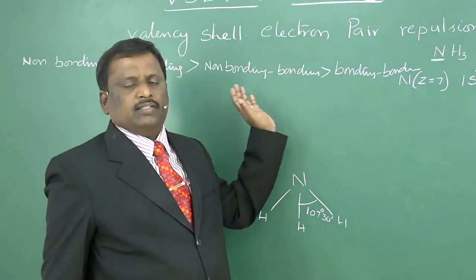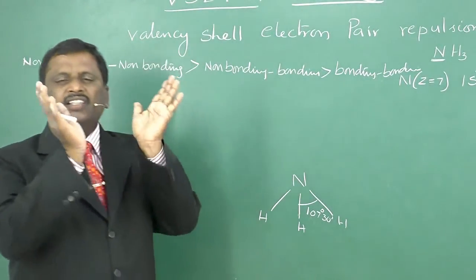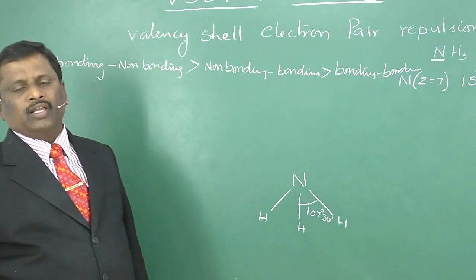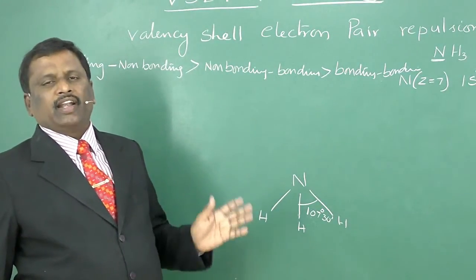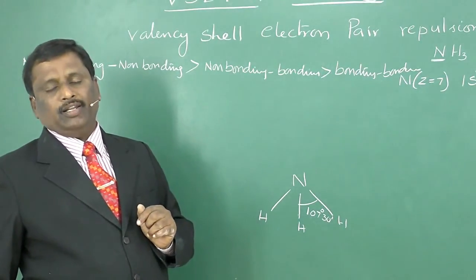Due to the difference in these repulsive forces, there will be a deviation in the shape of the molecule. That is why the bond angles deviate from the angles present in the hybrid orbitals.